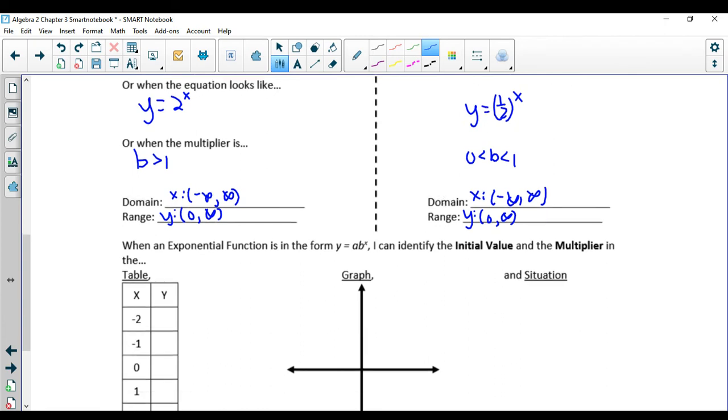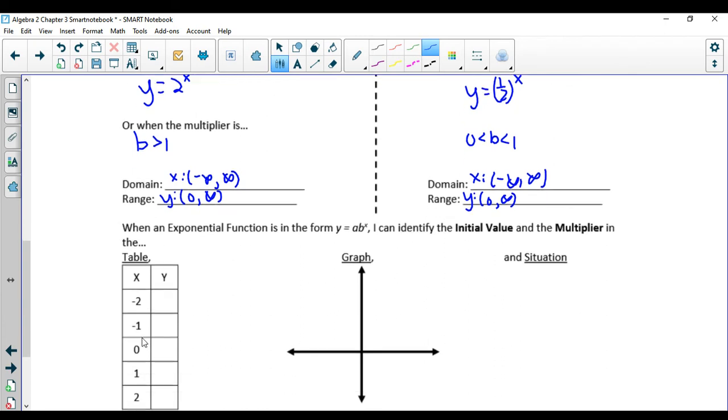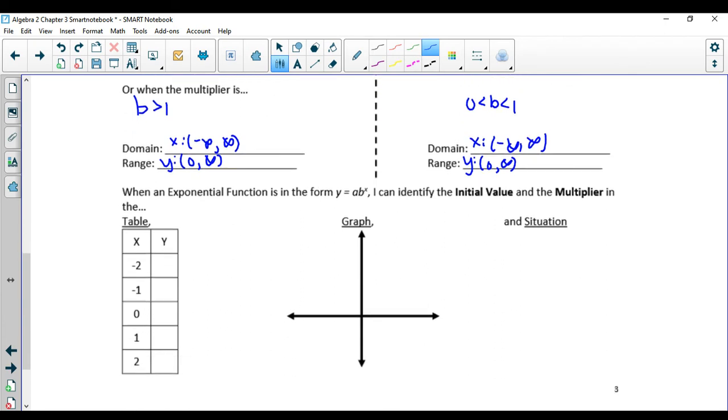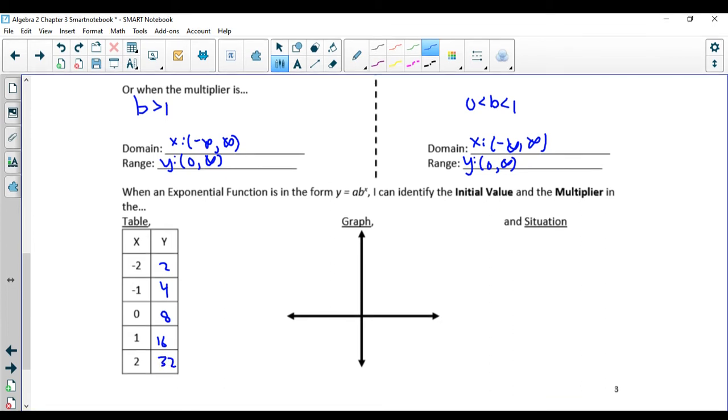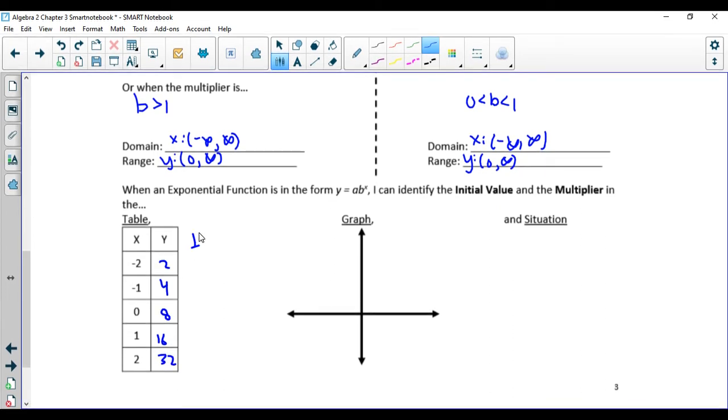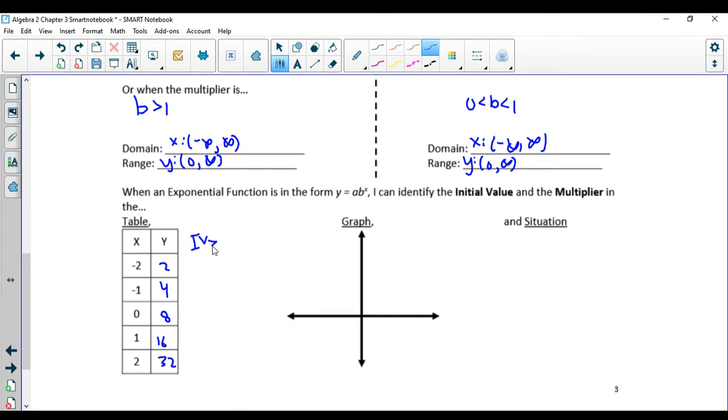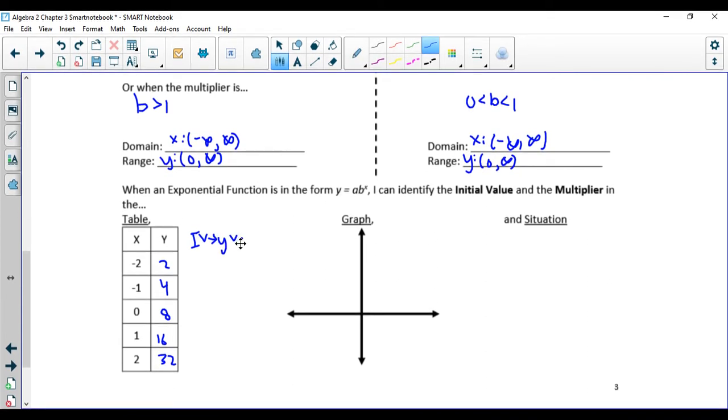All right, and then last but not least, how to identify the initial value and multiplier based off different situations. So if we make this table here, we'll say 2, 4, 8, 16, 32. Our initial value, remember, is the y value when x equals 0.